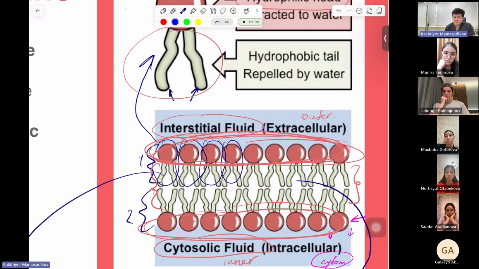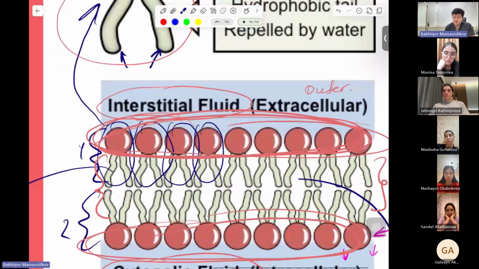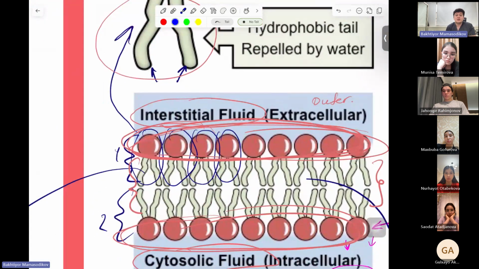This is what makes the cell unique. But another question is how a water molecule is going to get into the cell if hydrophobic tails are not letting it. How?